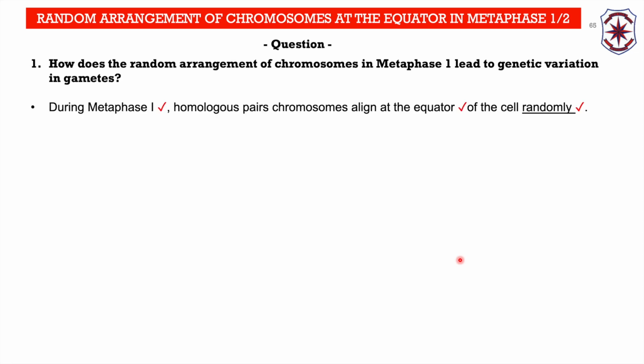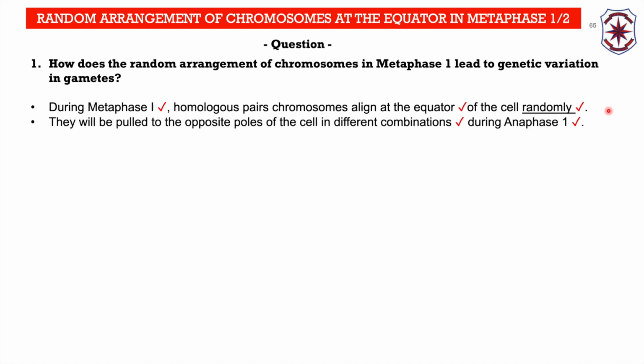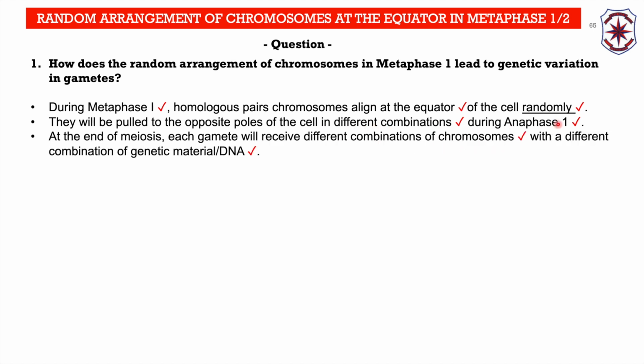The answer is, during metaphase 1, you get a mark for indicating which phase, homologous pairs of chromosomes align at the equator of the cell randomly. Okay? And then they will be pulled to opposite poles of the cell in different combinations during anaphase 1. At the end of meiosis, each gamete will receive different combinations of chromosomes with different combinations of genetic material or with different combinations of DNA.